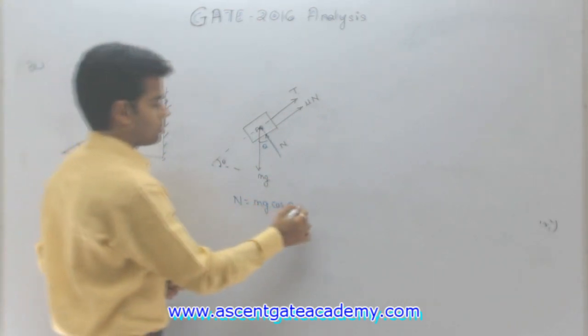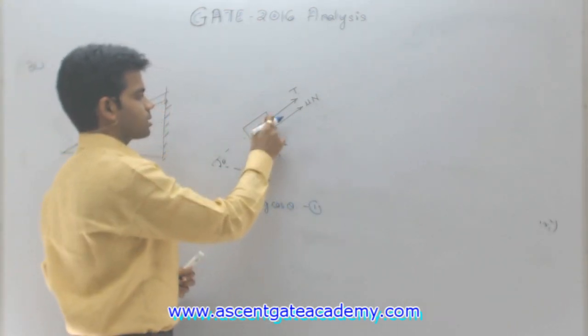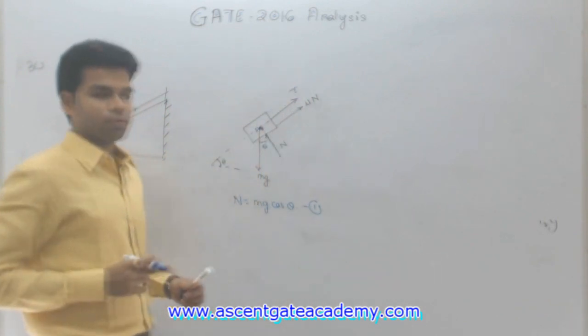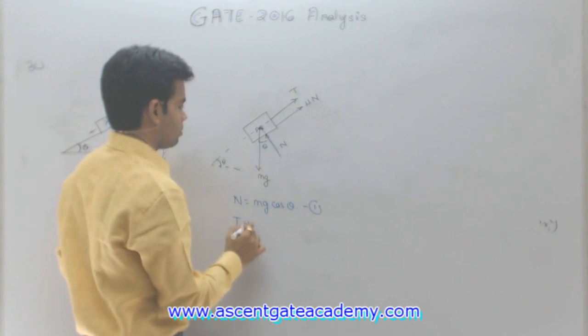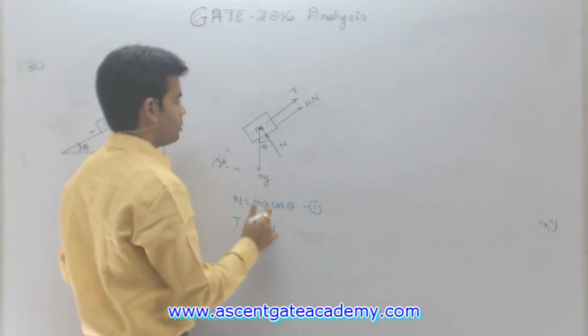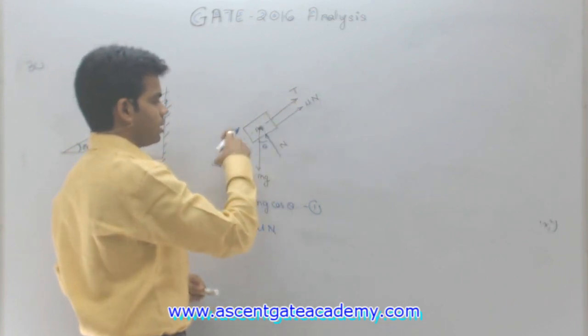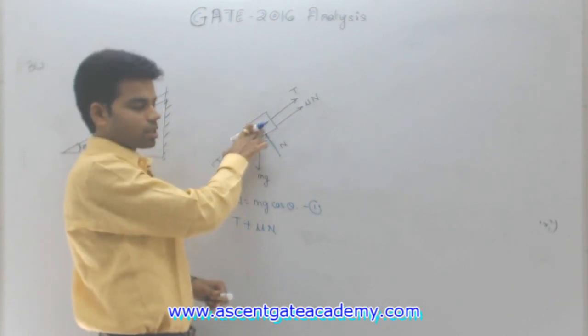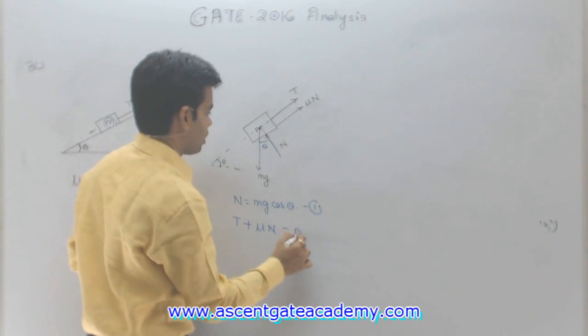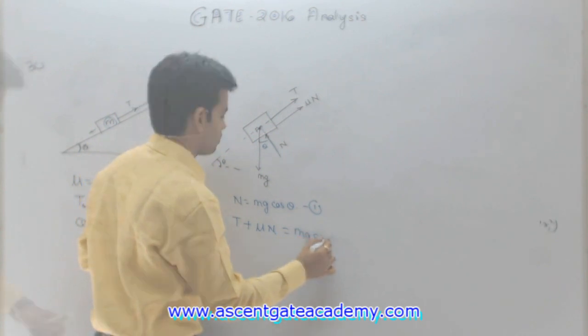Getting this? This is equation number 1, suppose. Now next, in the direction of T, T plus mu into N will be equal to the component of mg in the opposite direction to T. So this will be equal to mg sin theta.